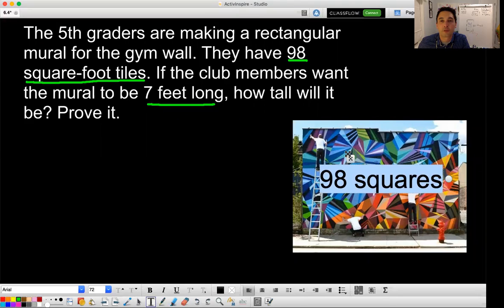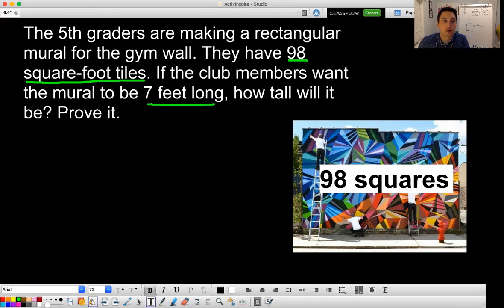This whole space in the middle is going to be 98. That did not come out very well, so I will give it a little background. Okay, 98 squares for this whole mural.